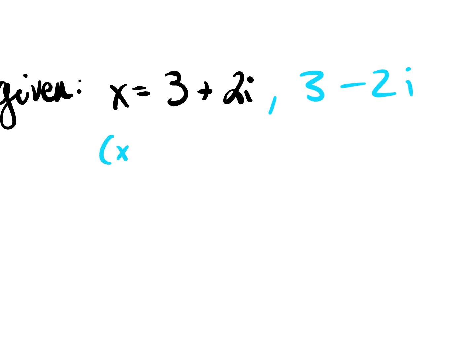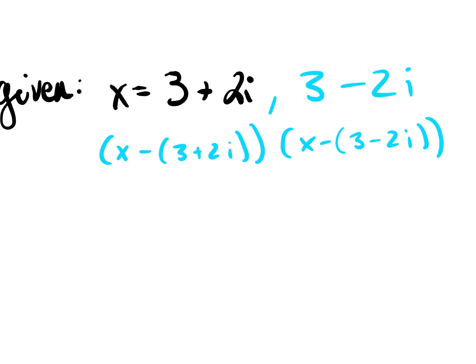So I have x minus 3 plus 2i and x minus 3 minus 2i. What do I have to do next? Distribute the negative. So this is x minus 3 minus 2i and x minus 3 plus 2i.